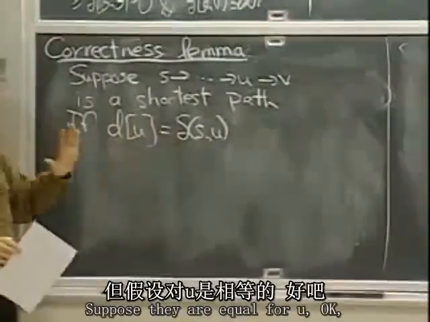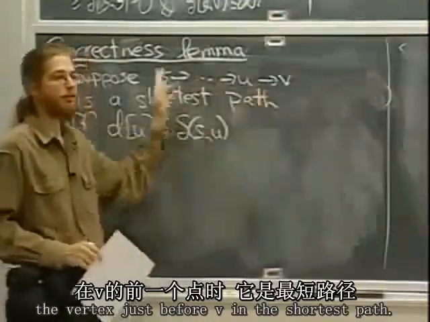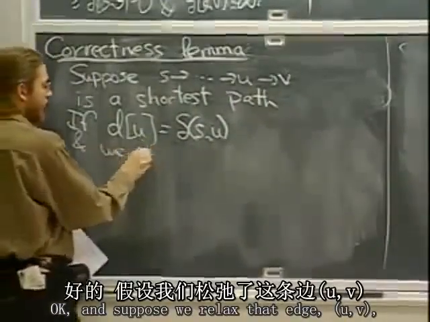Suppose they're equal for u, the vertex just before v in the shortest path. And suppose we relax that edge, uv.